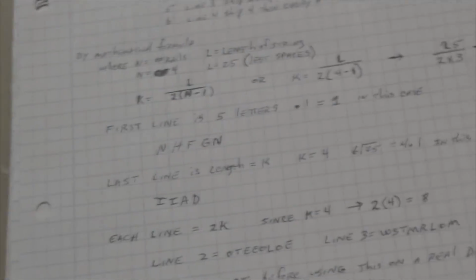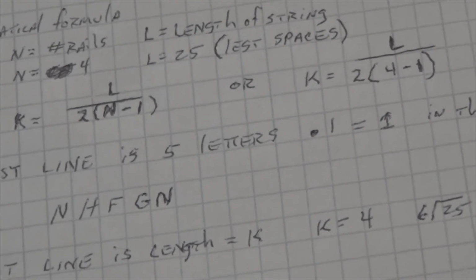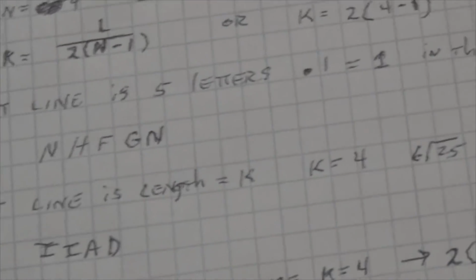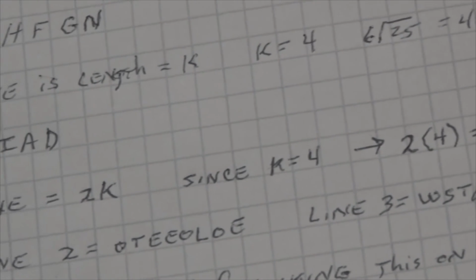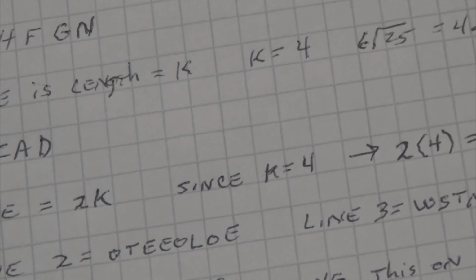This formula that I have right here, k equals L over 2(n minus 1), and then 2k right there. This is pretty common. You can look this up on the internet.